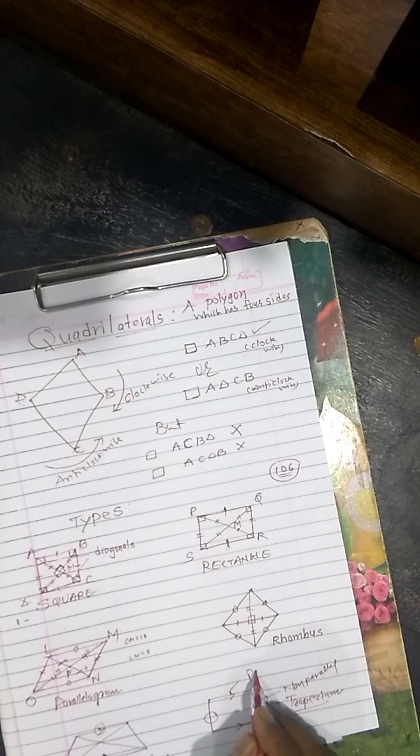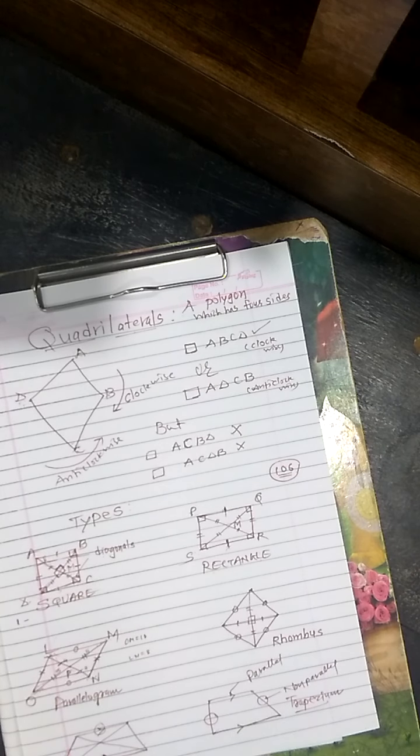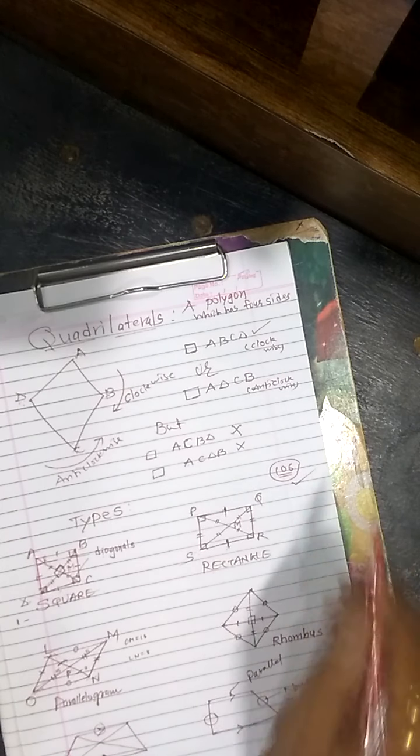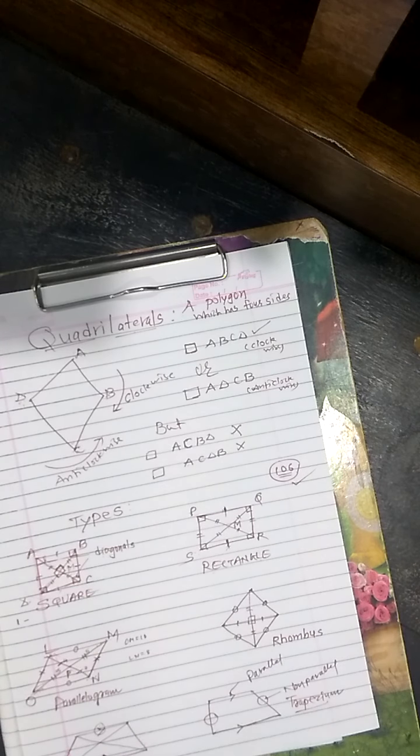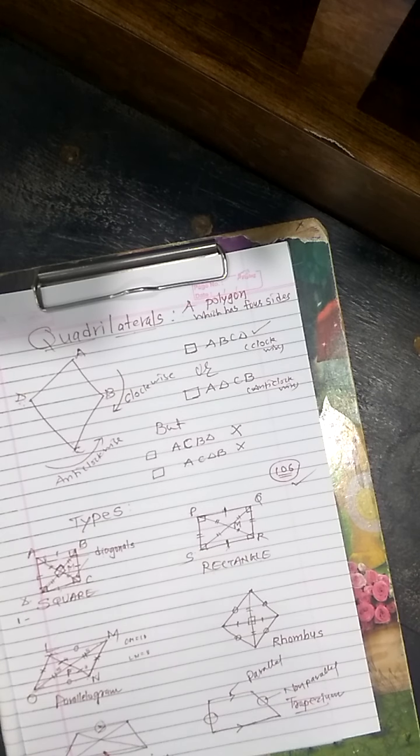This is parallel. Okay. So all these properties you can fill in the table given on page number 106, that you can do by yourself by watching this video again.